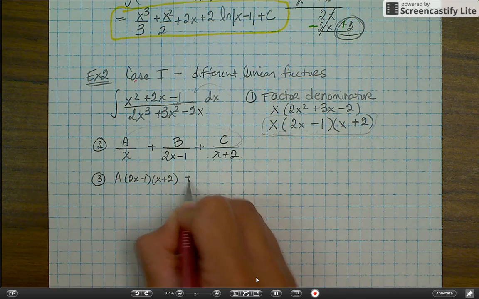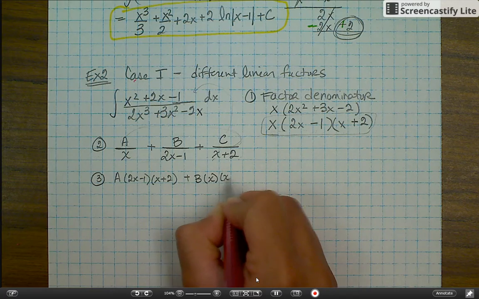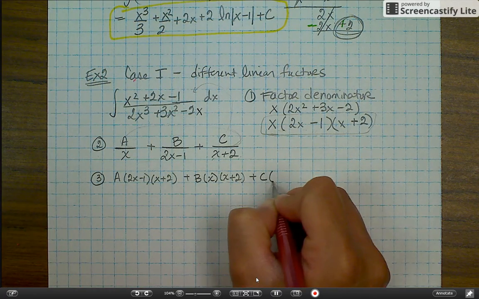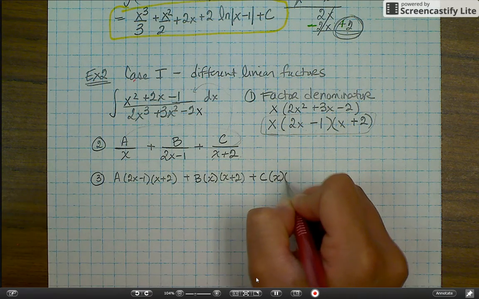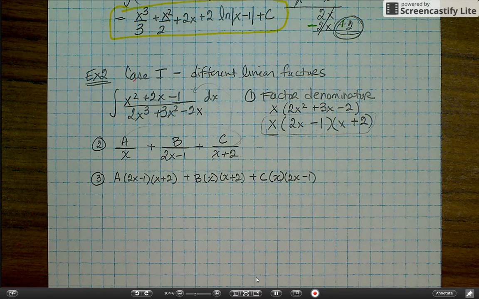And then B needed an x and an x plus 2. And then C needed an x also and a 2x minus 1. So now let's work this out.